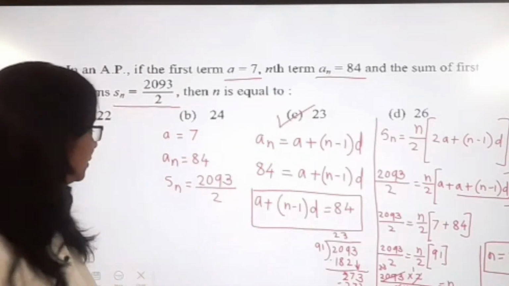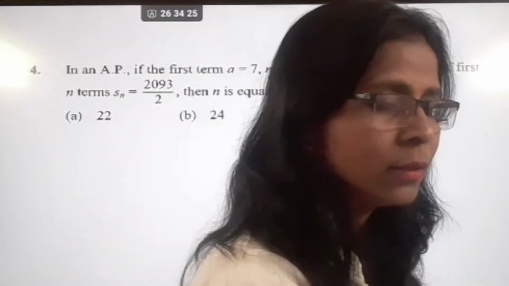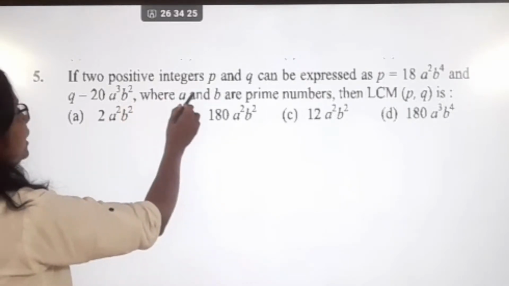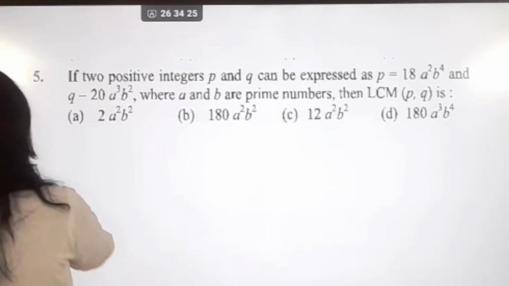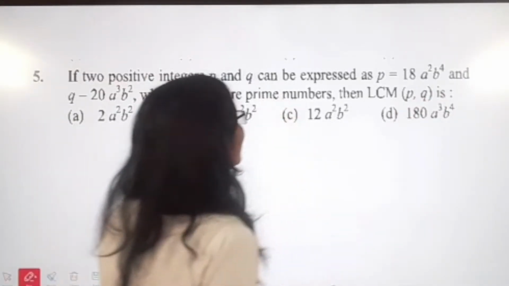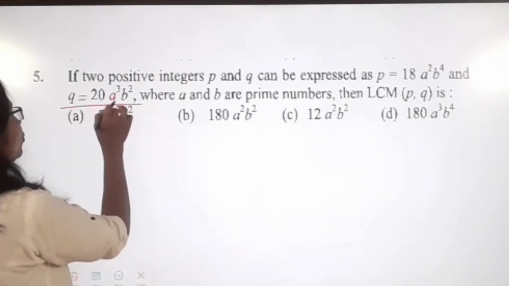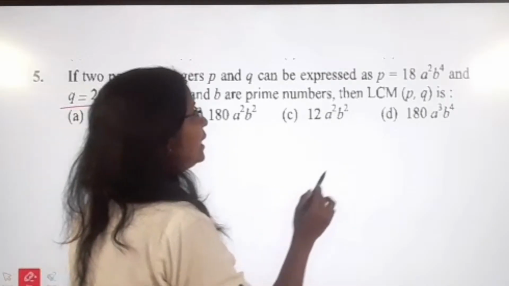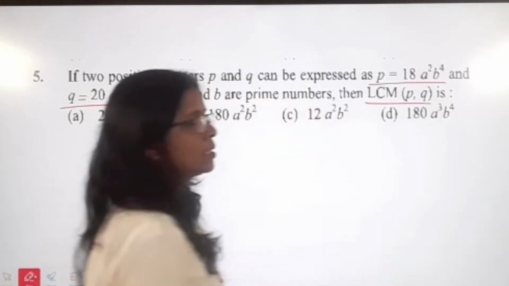Okay, students, the next example. Next is the fifth example. If two positive integers P and Q can be expressed as P is equal to 18a square b raised to 4 and Q is equal to 20a cube b square, where a and b are prime numbers, then the LCM of P and Q is?